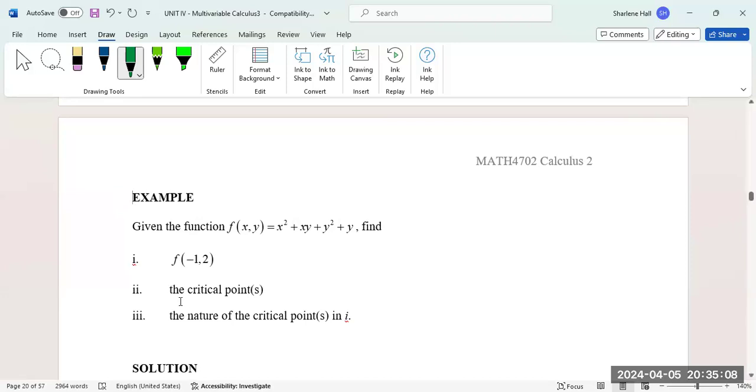Very good. Then we're going to set the first partials equal to 0 and solve simultaneously. That gives a critical point. And then we're going to determine the nature of the critical point or points. You know what the question said? Critical point or points. So it's not telling you whether it has one or more than one, so you need to figure out which it is. All right, I give you 10 minutes.